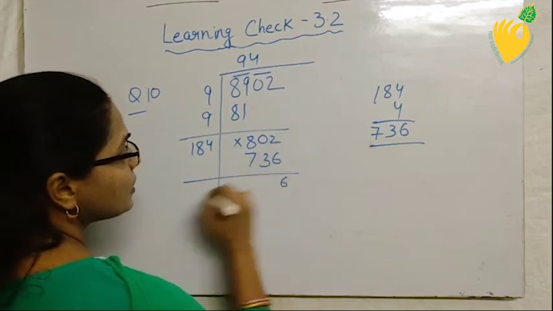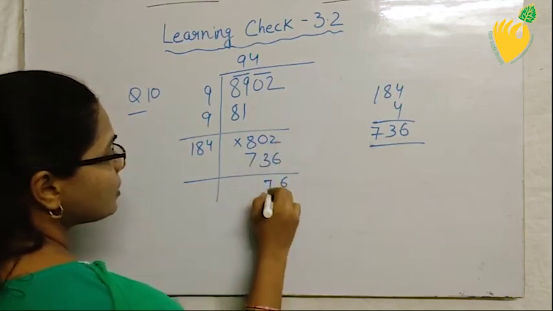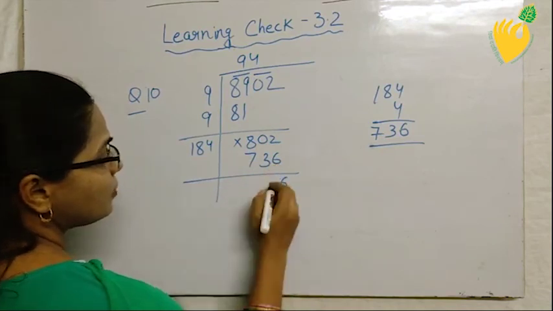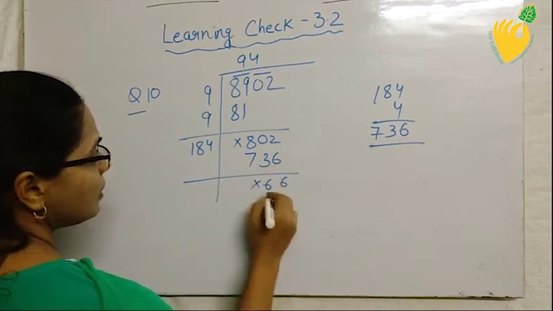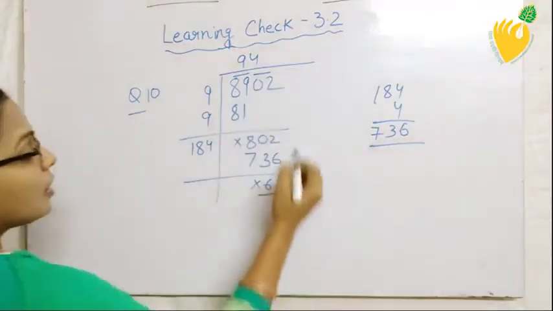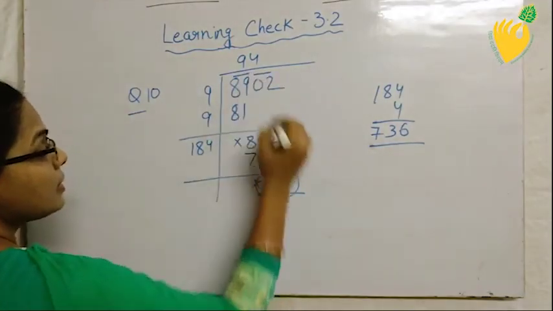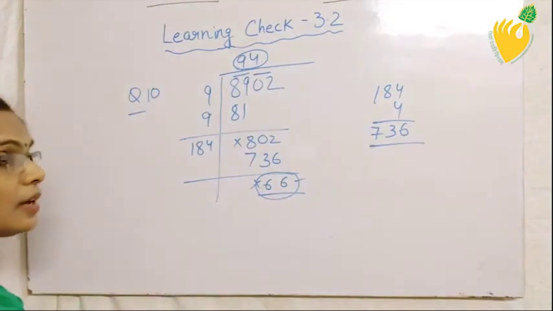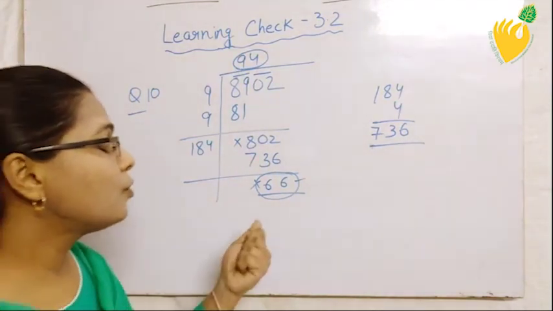What will be left here? 12 minus 6 is 6. 9 minus 3 is 6, and the remainder is 66.